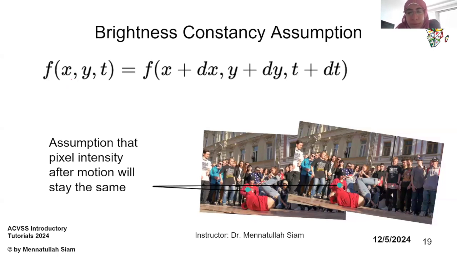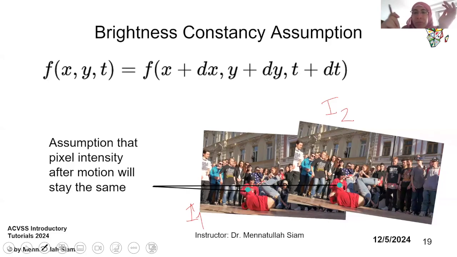It assumes, and this is not always true, that if I have frame 1 and frame 2, and I'm trying to compute the optical flow, which is the apparent motion between these two consecutive frames, the pixel intensity will not change. If I have this pixel and I'm trying to estimate its motion in the next frame, it will stay the same.